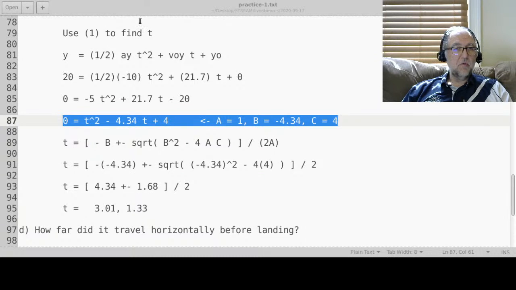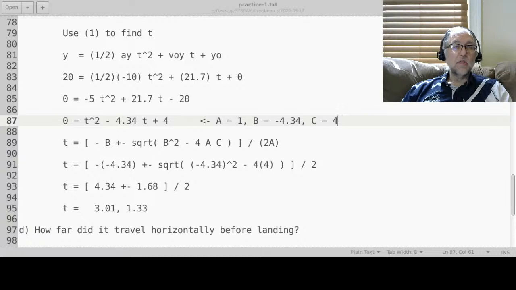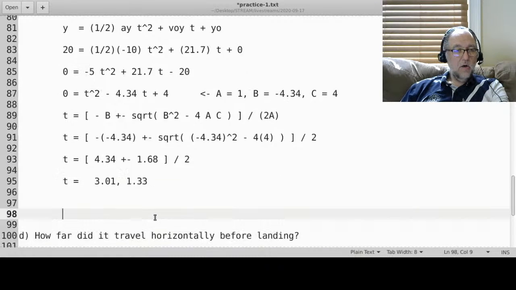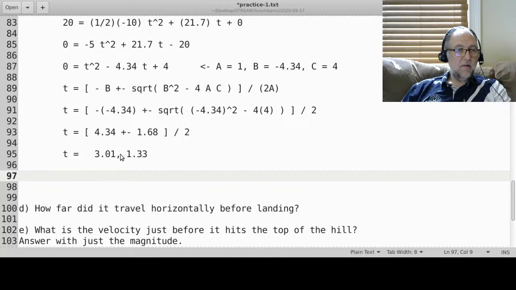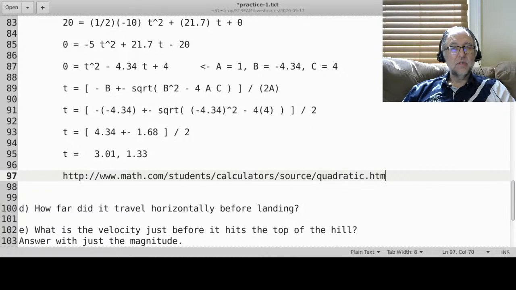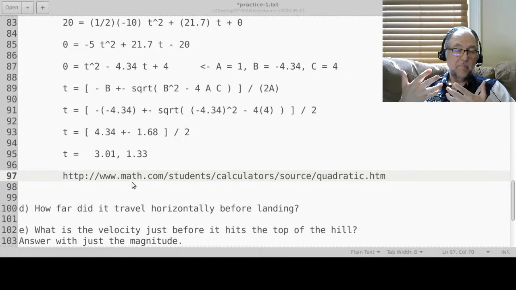So a little secret here. I don't know if it's a secret, I've told some people, but you might as well know about this site. There's a lot of sites online where you can just plug in the numbers and it'll solve the quadratic for you. It's just a web page, and you plug in the A, B, and C, and it'll solve it. math.com has a lot of very simple web pages where it'll solve equations for you.